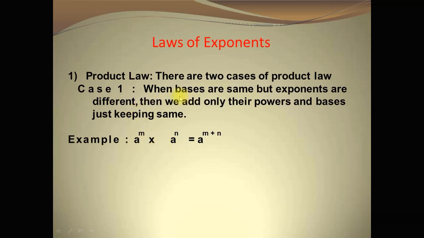When bases are the same but exponents are different, there are two different exponents m and n, then we add only their powers and the base just stays the same. We can write this expression: a power m multiplied by a power n is equal to a power m plus n.